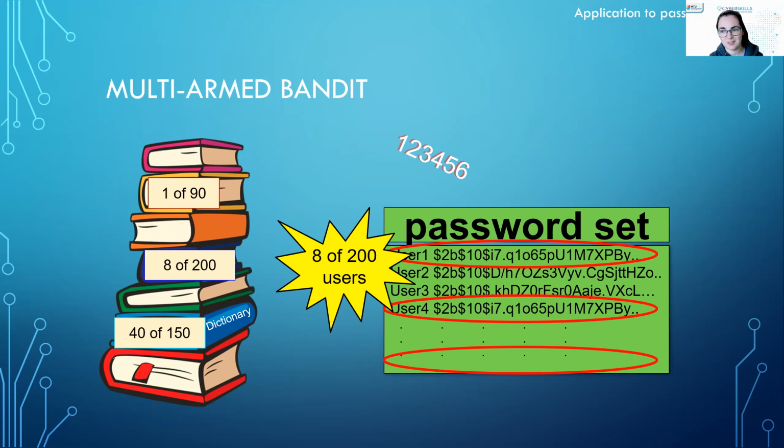In the second one, 8 out of 200, an exact match, which isn't as likely in actuality, but let's say it's an exact match. And then the other one is 40 out of 150. So looking at this, we say that the distribution of the password set based on this one guess is highly linked to that second dictionary.